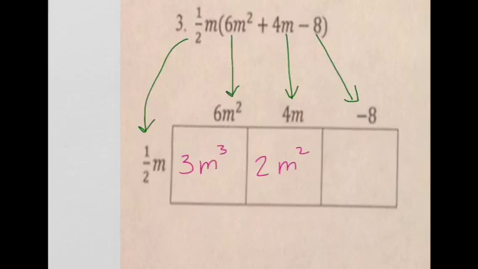Half of negative 8 is negative 4, and m doesn't have anything on this term to multiply to change the exponent, so it's going to simply be m. So our answer is going to be 3m cubed plus 2m squared minus 4m.